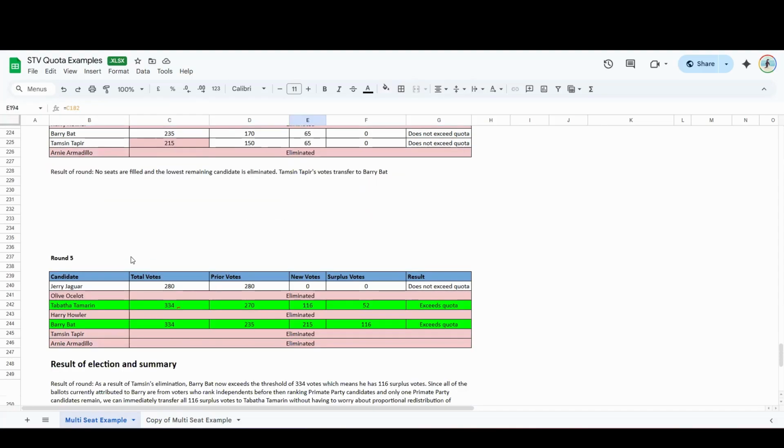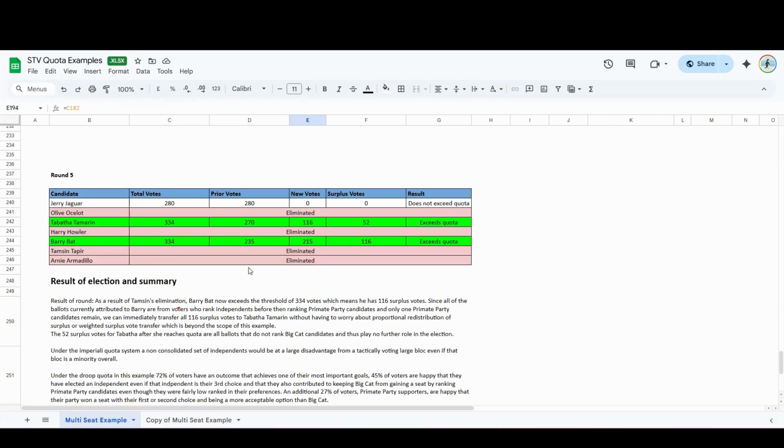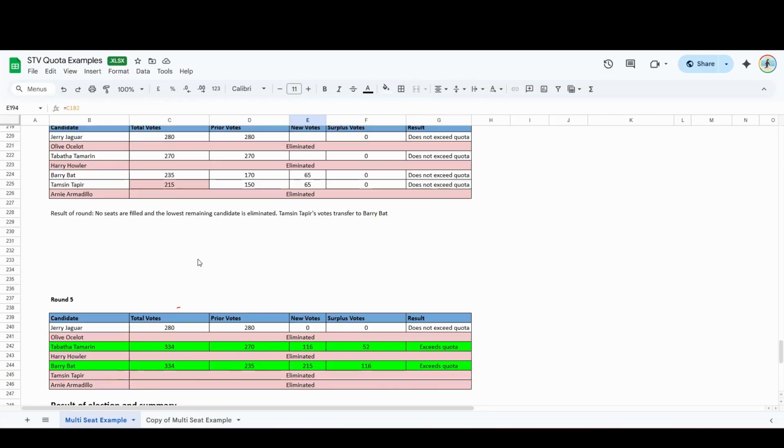And then it takes us till round 5 until we get to our first and also second seat being elected in this case. And this was actually a result of Tamsin Tapia being eliminated and transferring all of her votes to Barry Batt.